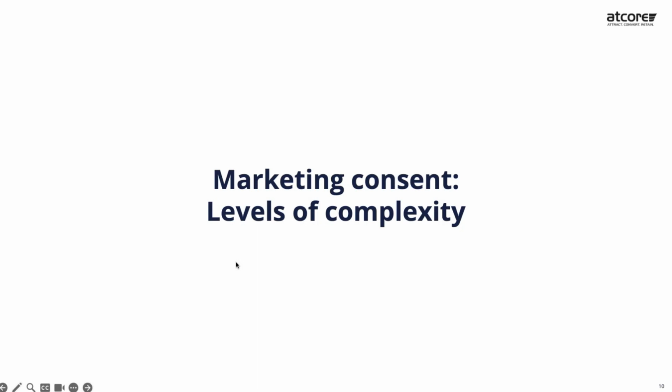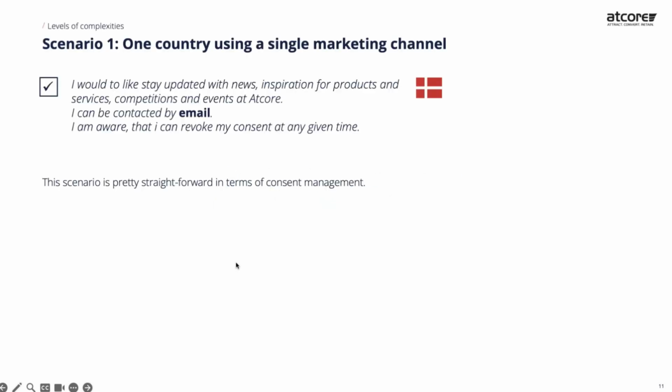So I will be presenting 4 scenarios with varying degrees of consent complexity, and one of them should probably represent your company's situation. So the first scenario is where, let's just take Atcore, the company I work in, as an example. So in this example, Atcore is only operating in one country using a single marketing channel, which is email. This is the simplest form of consent management.